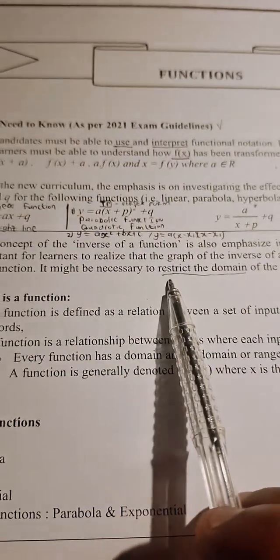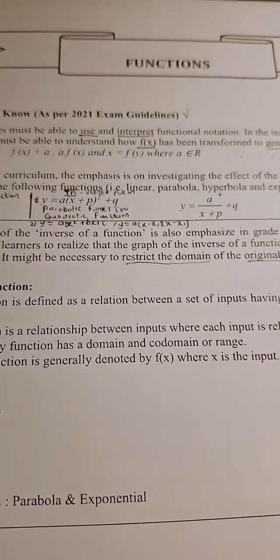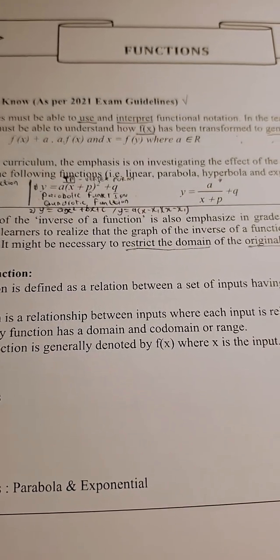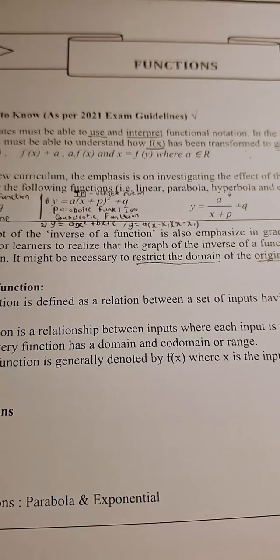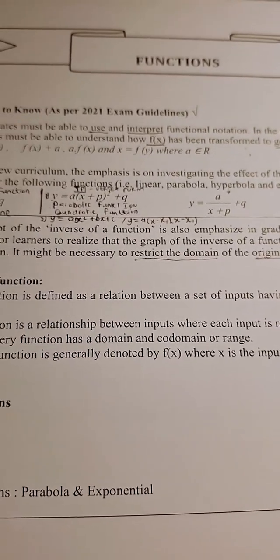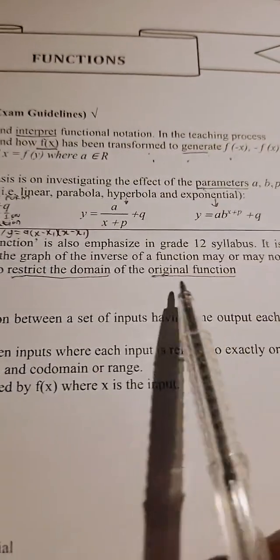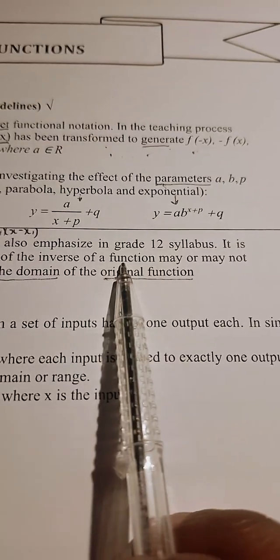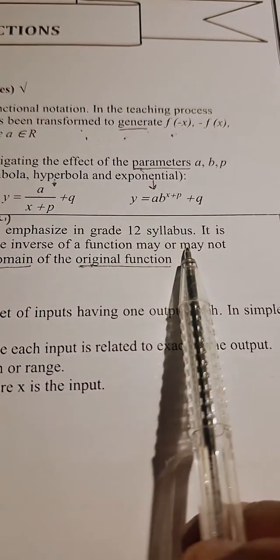And the reason why domains get restricted, and now we are specifically referring to the parabola: the parabola is not necessarily a function, and the inverse of the parabola is not necessarily a function.